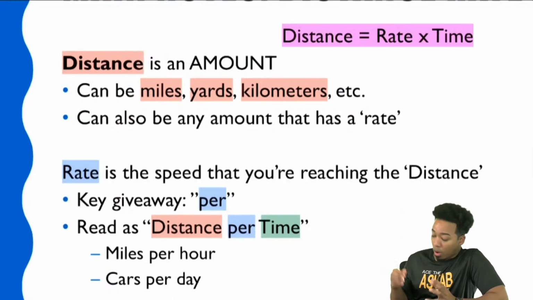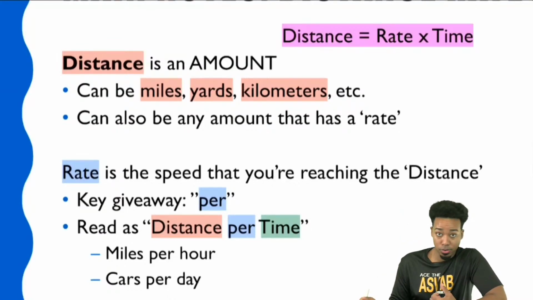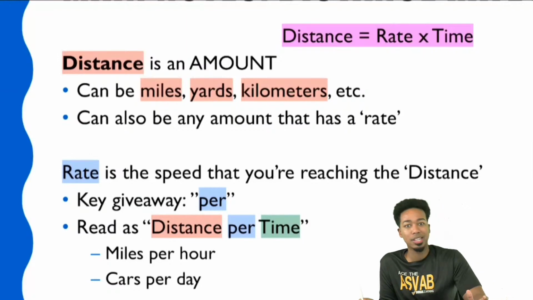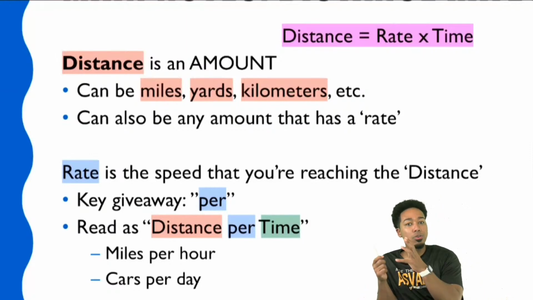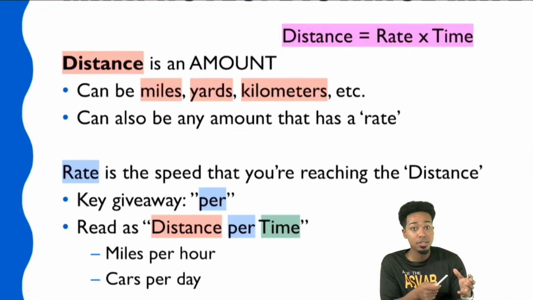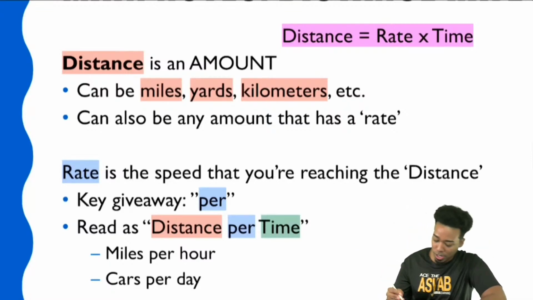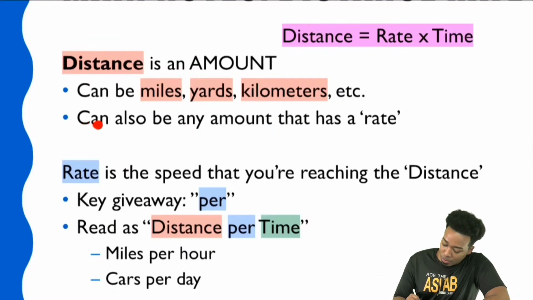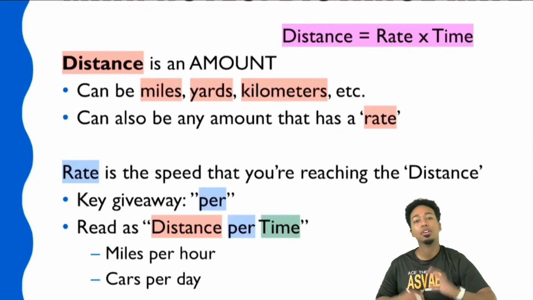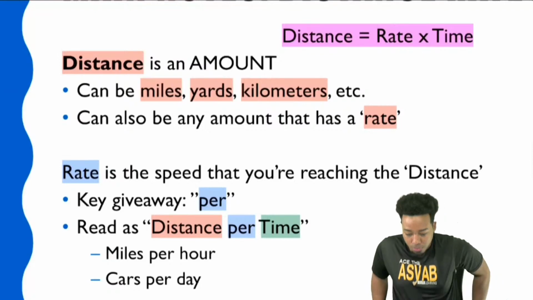But they can also be things like teddy bears or an amount of cars that you have in a parking lot, because as long as there is a rate attached to that distance, it's a distance. I'll explain what that means in a moment. But this is really important to note down. It can also be any amount that has a rate.